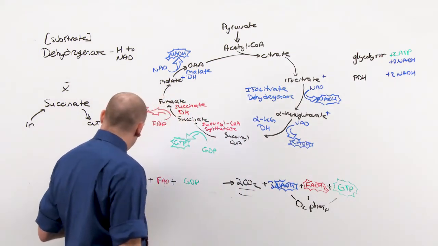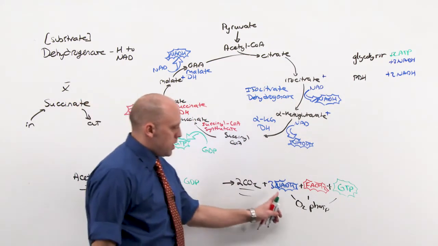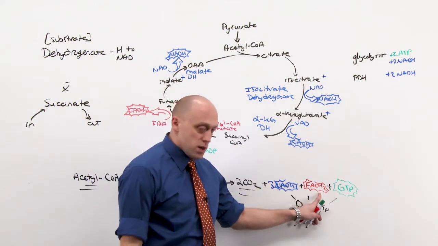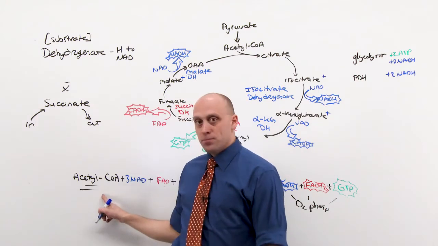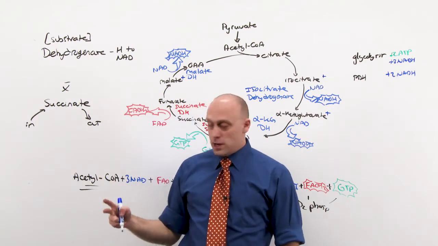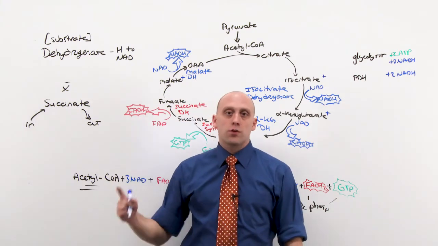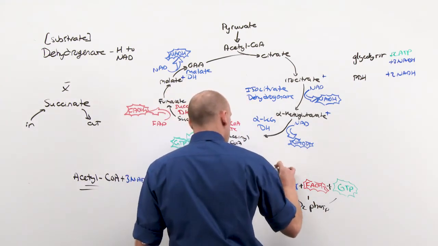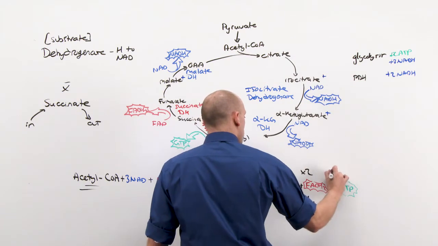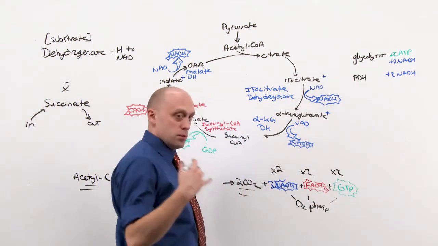Here we see that acetyl-CoA gives us 3 NADH, 1 FADH2, 1 GTP per acetyl-CoA. Well, there are 2 pyruvates, 2 acetyl-CoAs for every 1 glucose.